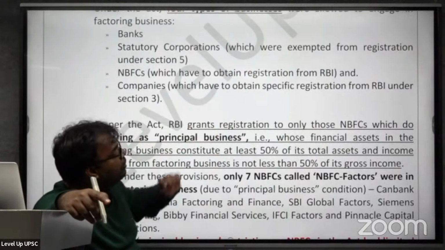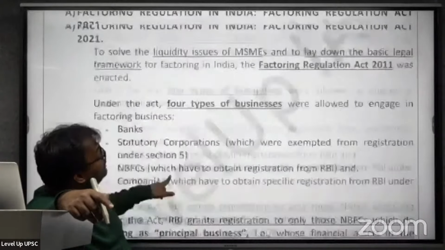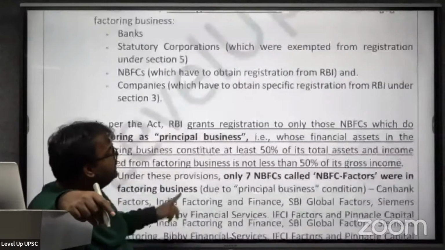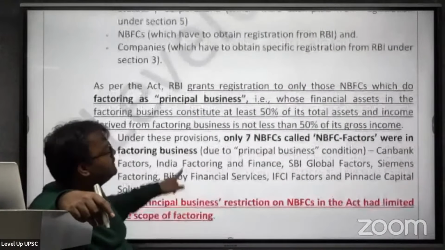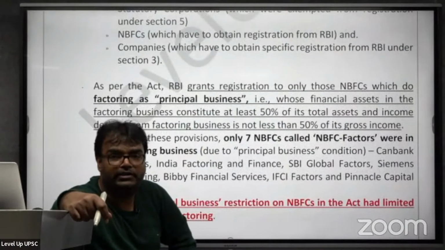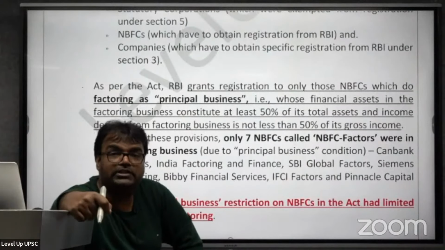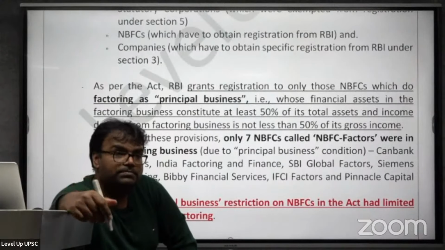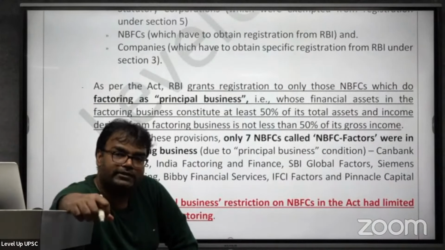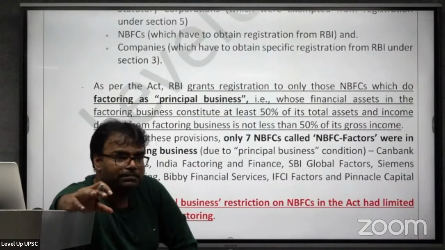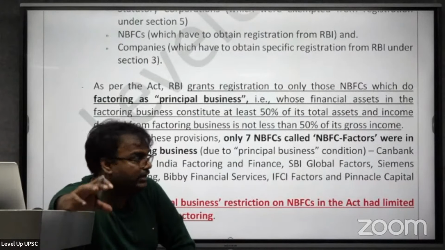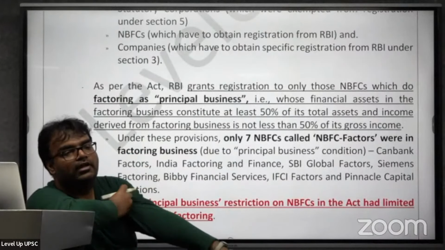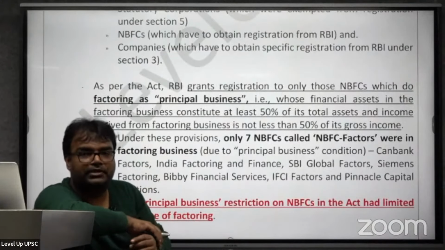And as per this 2011 law, the Factoring Regulation Act, only these principal businesses are allowed to participate in factoring. Now look, there are many NBFCs which may want to participate in factoring, but they would not be able to because their principal business is not that of factoring. So far, only 7 NBFCs are able to participate in the factoring business.